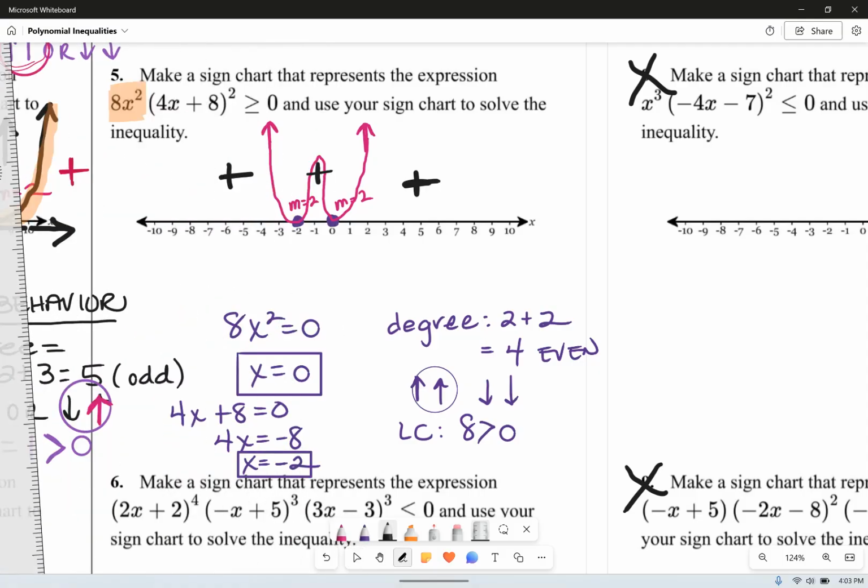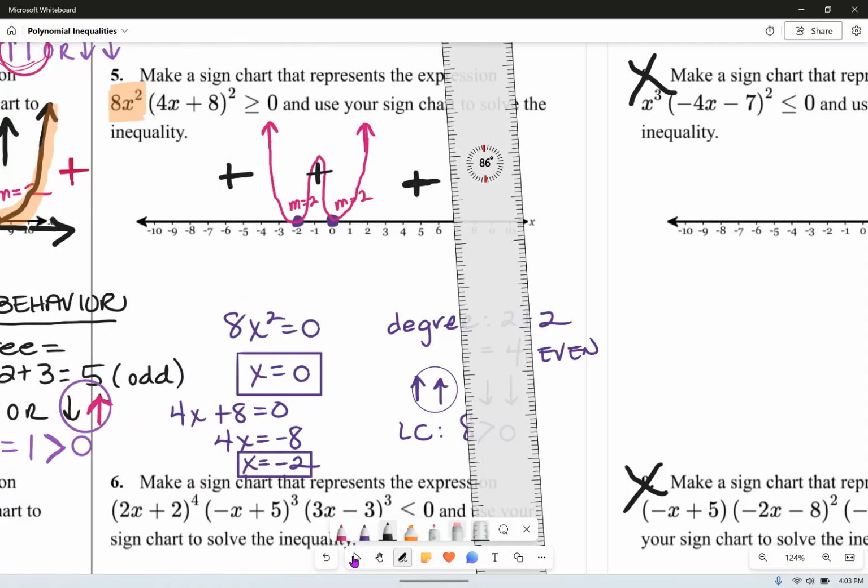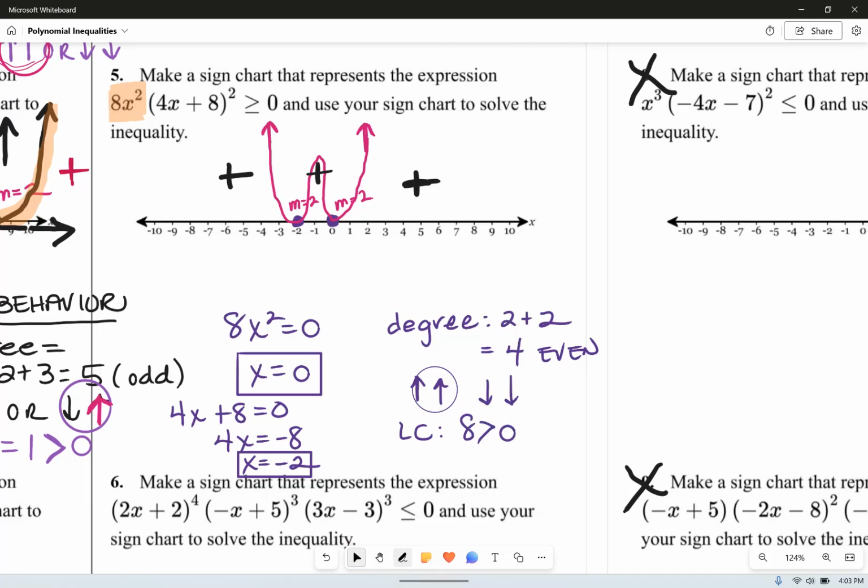So when they ask you in this particular picture, hold on one second. There we go. They're asking you where is it greater than or equal to 0? Well, all this is greater than 0, equal to 0, this and this.